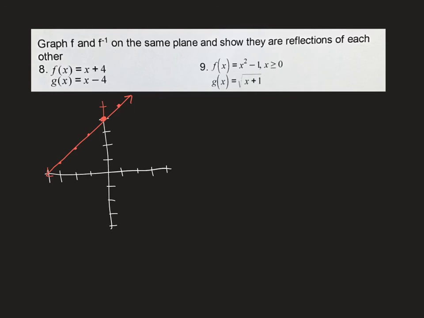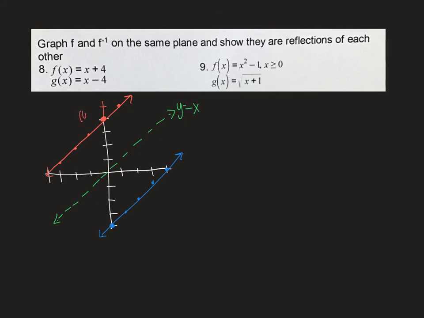And then for g of x, I start down at -4, up 1 over 1. And connect my points. So they're going to reflect over that line y equals x. And when they reflect over that, their ordered pairs just swap.